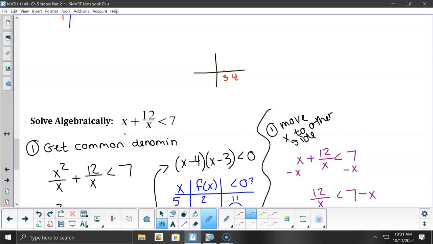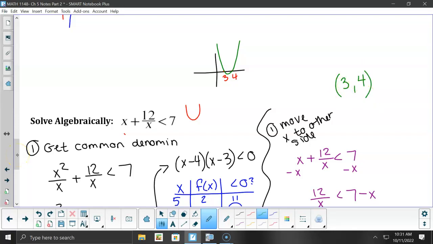It has to be facing up like this, right? Because my leading coefficient's positive. Only way this is going to work is if I just dip below the x-axis between 3 and 4. So literally your answer for this one is just the interval (3, 4).